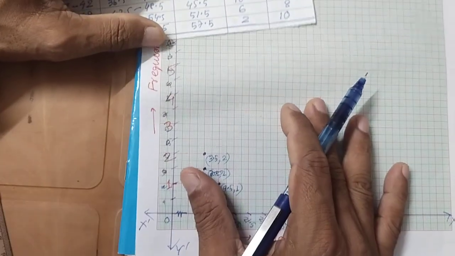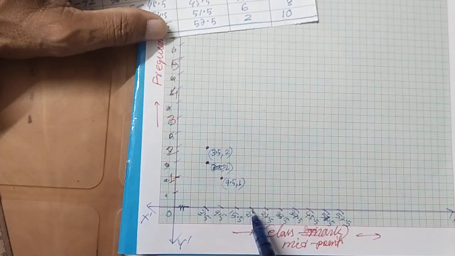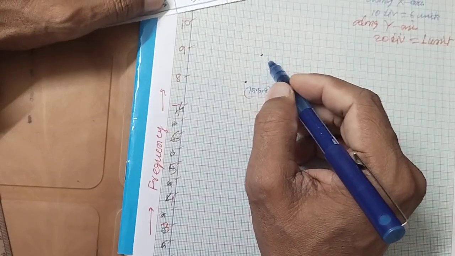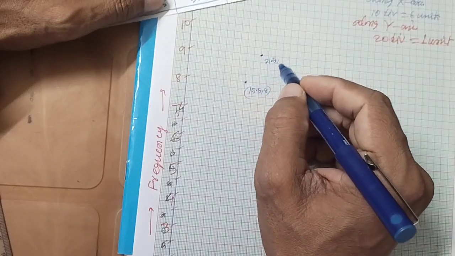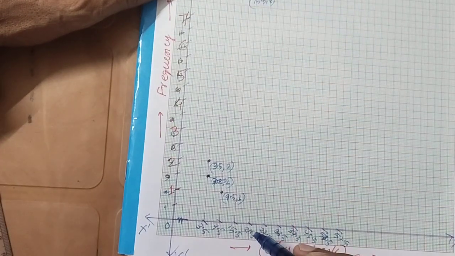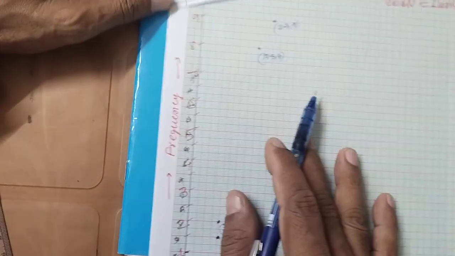Then 21.5 is 9. At 21.5 it should go up to 9. 21.5, comma 9.